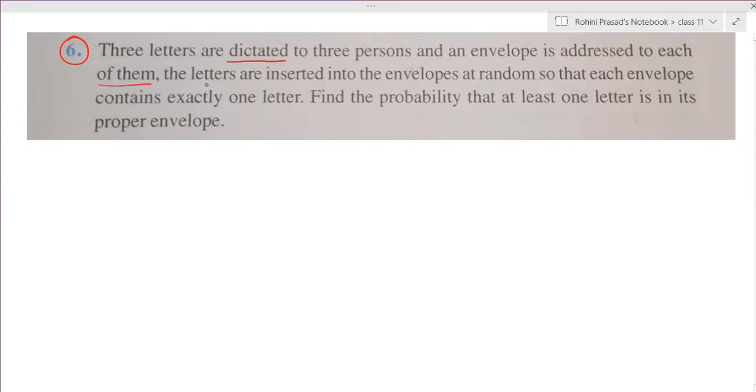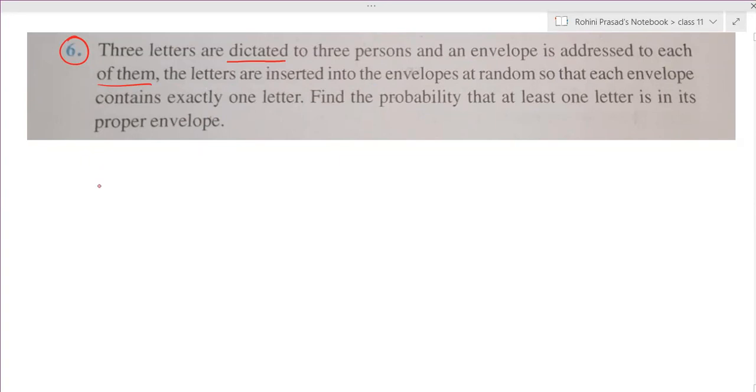I think that's what they meant. The letters are inserted into the envelopes at random, so that each envelope contains exactly one letter. Find the probability that at least one letter is in its proper envelope.